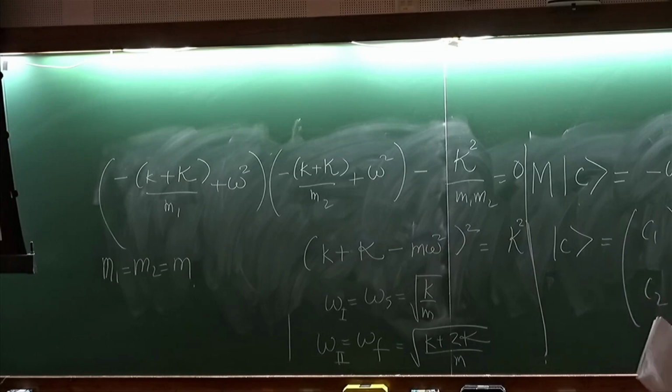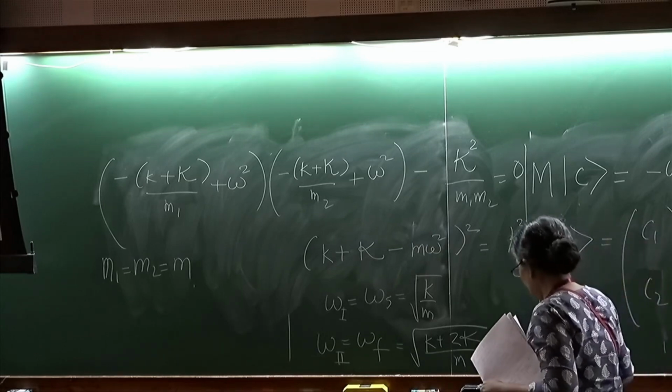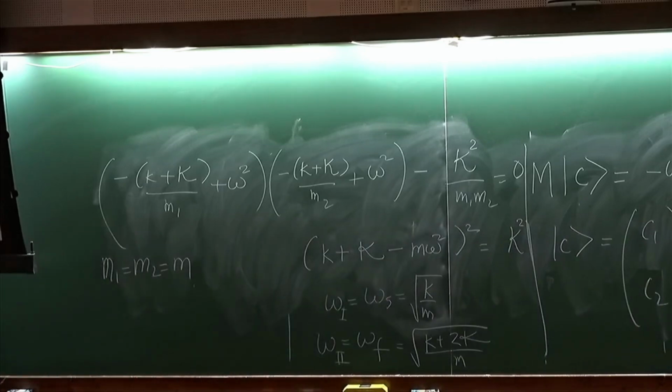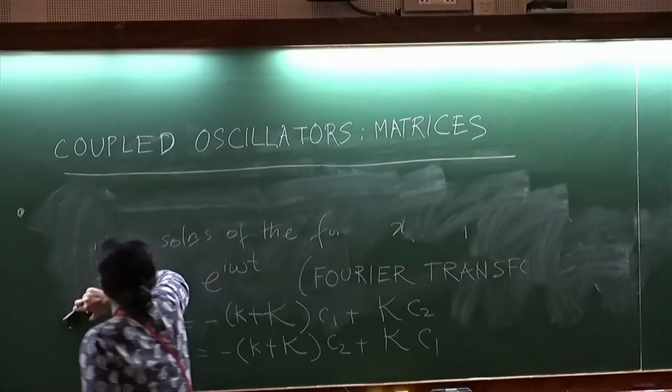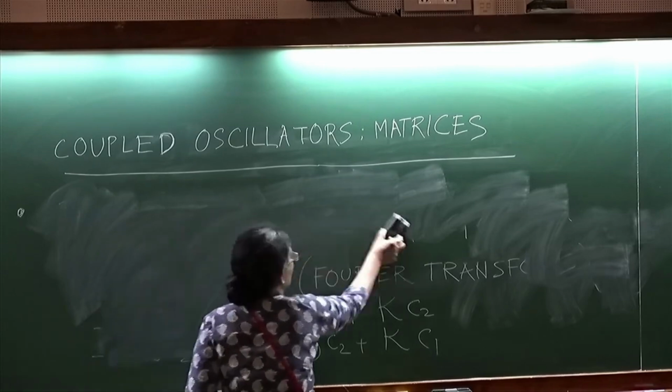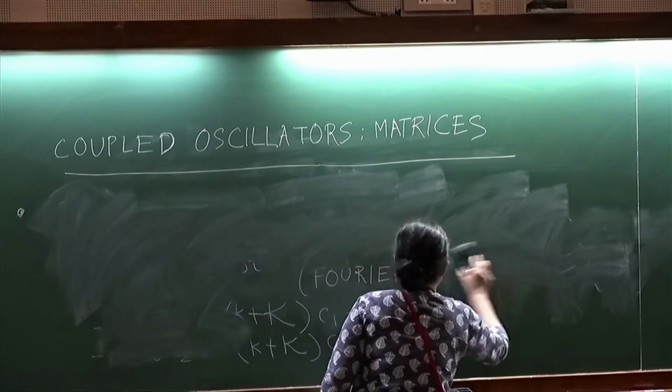Now, the other issue is diagonalization of the matrix. We have got the eigenvalue equation, and we have got those normal modes. So I'll just summarize what one does for diagonalization, which I think many of you perhaps already know.